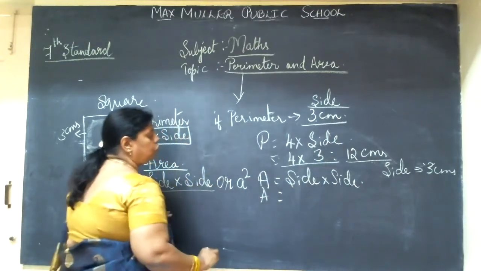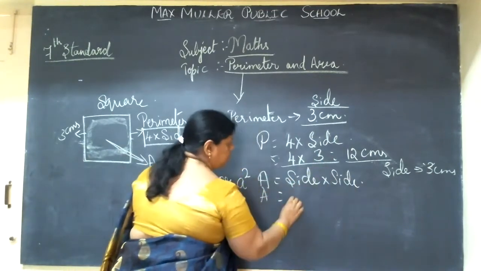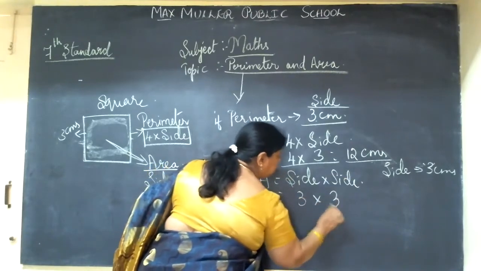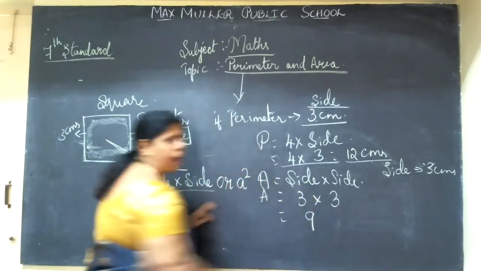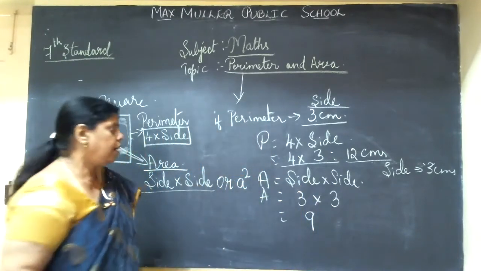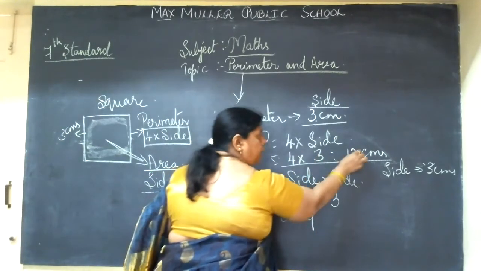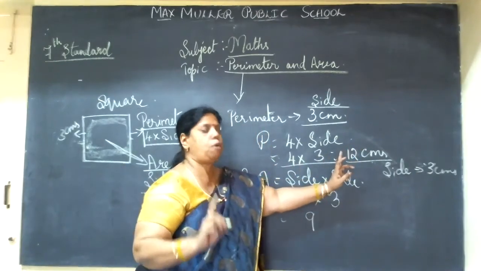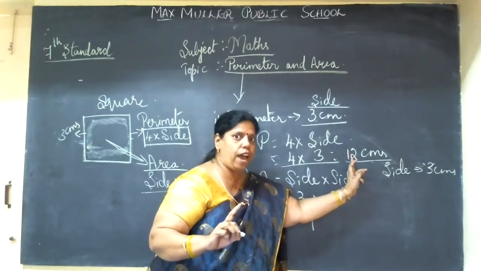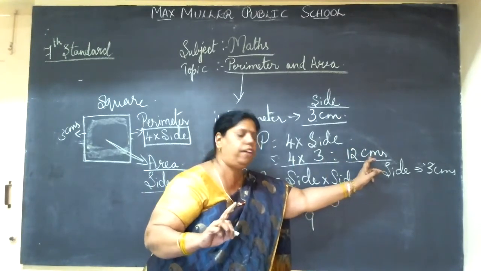Area is equal to side into side, that is 3 into 3, which is 9. 3 3s are 9. 4 3s are 12. And see properly, 4 3s are 12 centimeters, which I have given you.